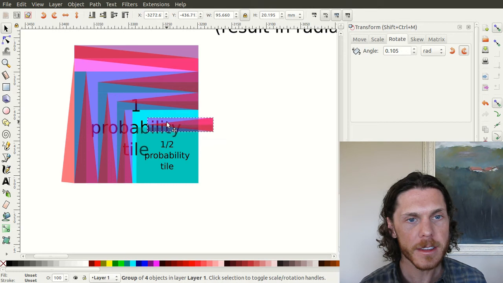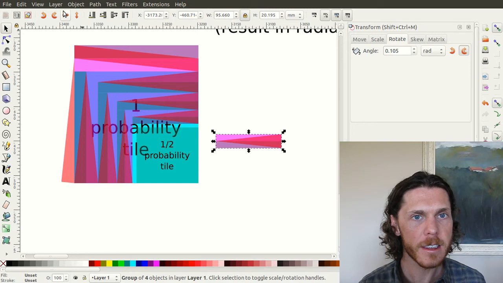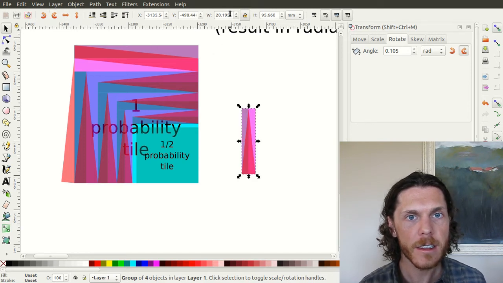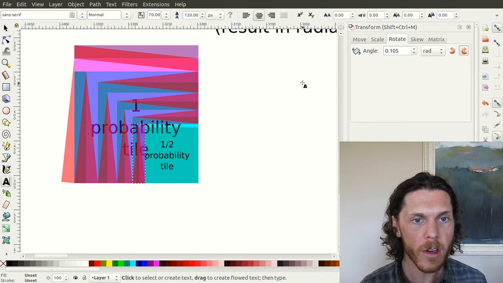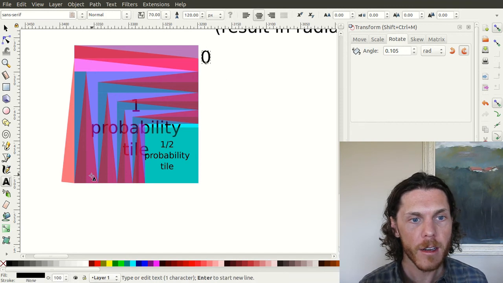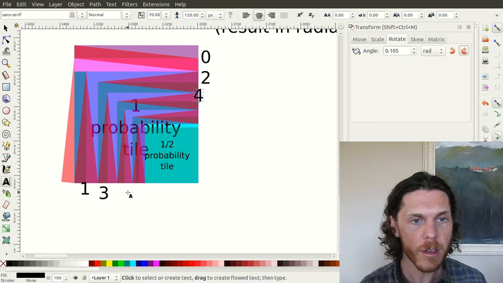At child 6. Oh, really close. Let's see if child 7 does it. And yes, it does. It now goes past the 1/2 probability tile. So labeling these, starting with 0 and then child 1, 2, 3, 4, 5, 6, and finally 7.